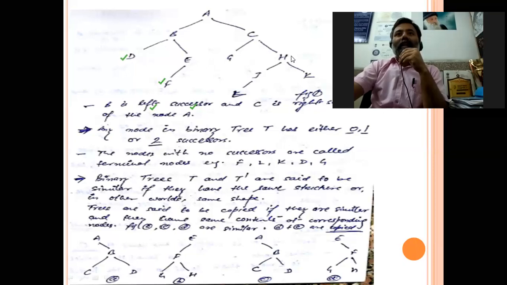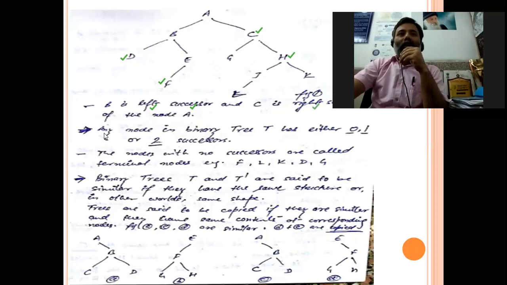Similarly, H is right successor of C, and C is right successor of A. You should understand this term: just like in real life every child is a successor of the parents, we use this term also. If it is left child, we say left successor. If it is right child, we say right successor.